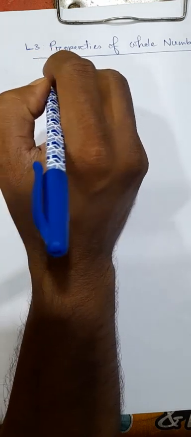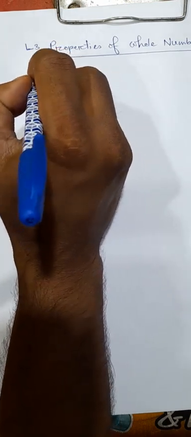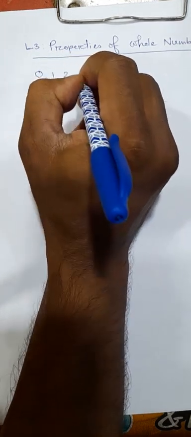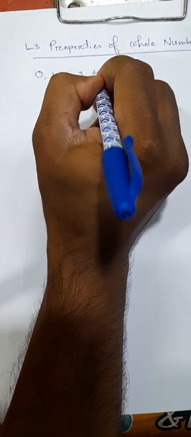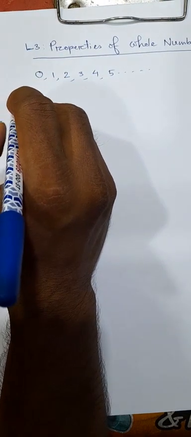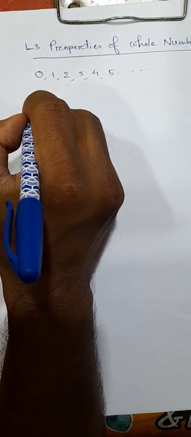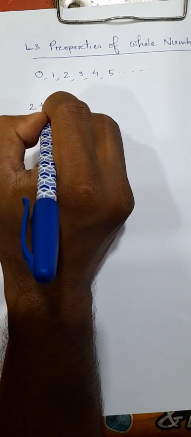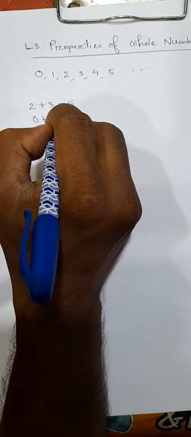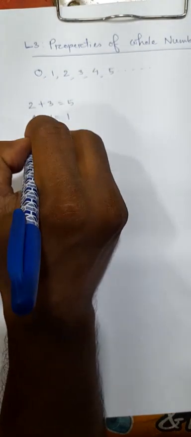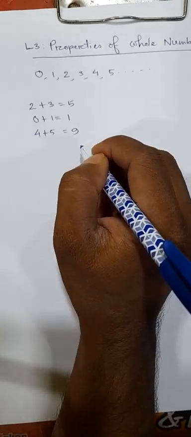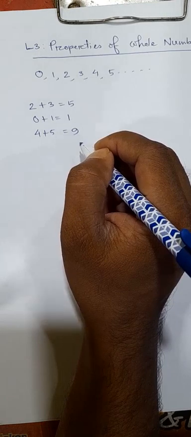Last class we discussed that the natural numbers together with 0 are called whole numbers: 0, 1, 2, 3, 4, 5, etc. Now we notice that the sum of any two whole numbers, for example 2 plus 3 equals 5, 0 plus 1 equals 1, 4 plus 5 equals 9, etc. This means the sum of any two whole numbers is again a whole number.